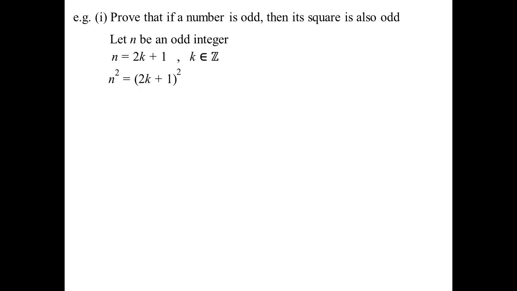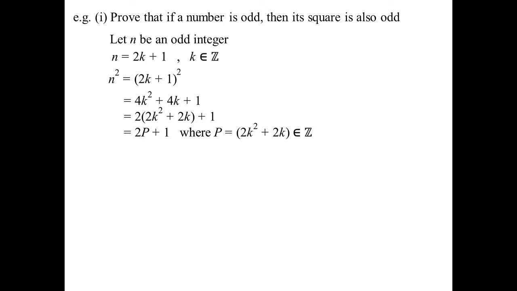All right, well let's square n. If I square n, I've got (2k plus 1) squared. Square that out: 4k squared plus 4k plus 1. Remember, I'm trying to show this is odd. So I'll leave the plus 1 by itself, and then I can factorise the rest, and I get 2 times (2k squared plus 2k). Well, if k is an integer, then 2k squared plus 2k must be an integer.